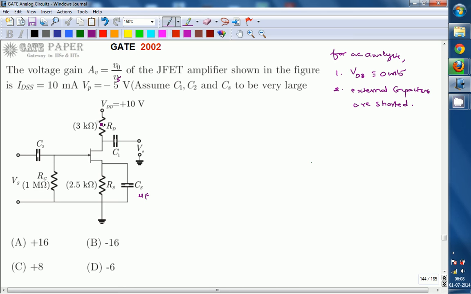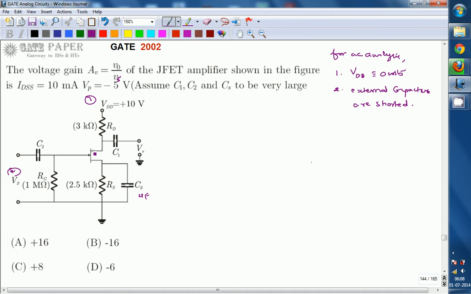The other way you can also think: this circuit is applied with two voltage sources. One is the DC voltage source, the other is the AC voltage source Vs. Whenever any circuit is supplied with two or more sources, to calculate the overall response we use the superposition theorem.